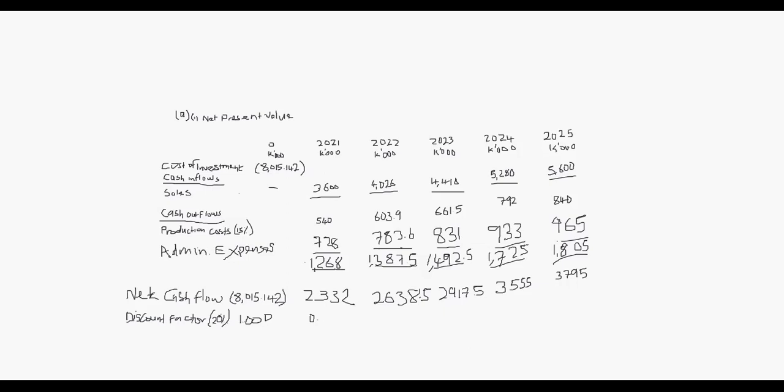I'm sure by now you know how to get these figures from the discount table, or the present value table. So it is 0.833.